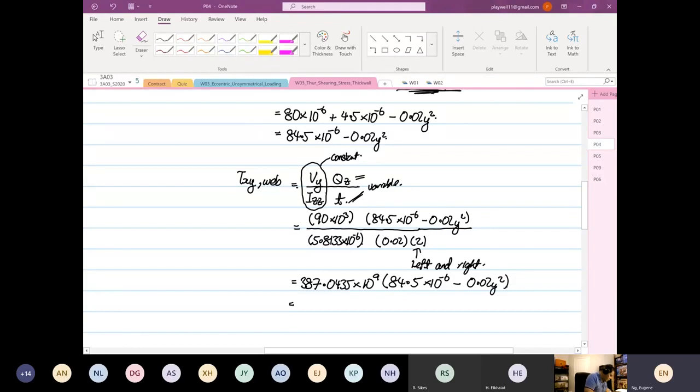So this will be equal to 32.705 times 10 to the power of 6 minus 7.7409 times 10 to the power minus 9 y squared.